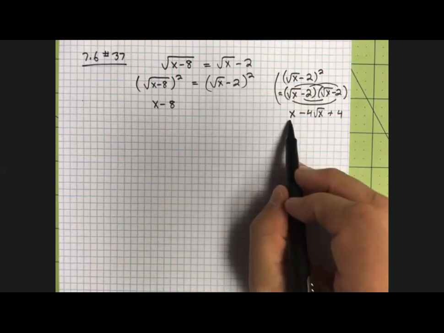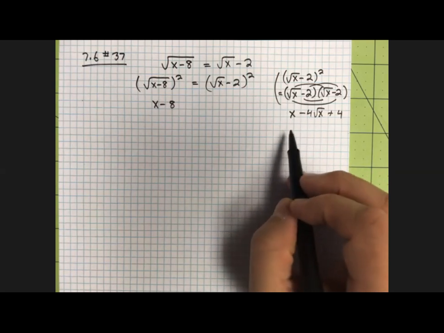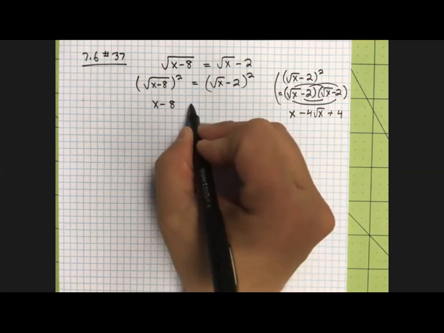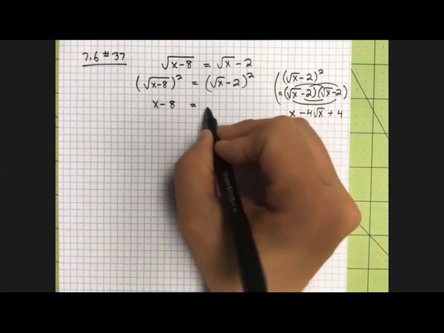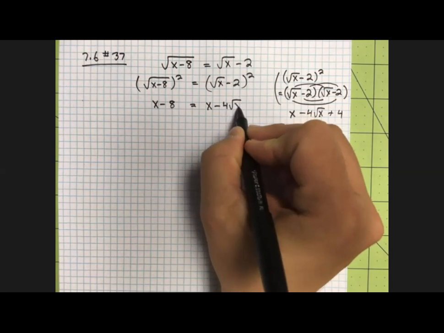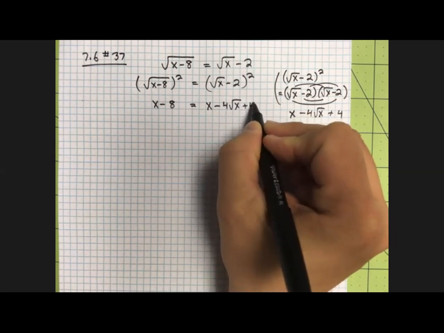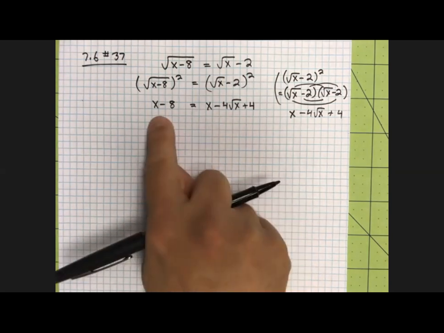I have x plus 4, but I have this middle term where, unfortunately, I still have a square root. This problem is still a pretty mild problem, but you see I'm kind of half done because I've got to do it again.